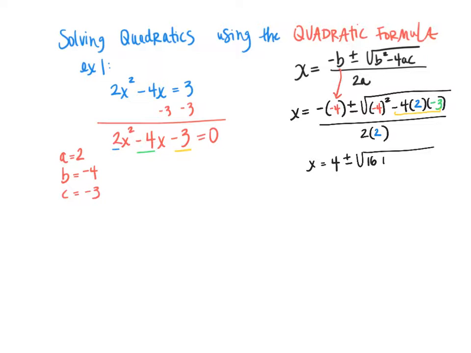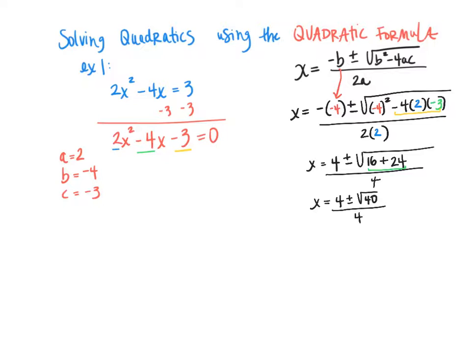That's going to give me a positive 24 all over 4. Now I just need to simplify. So I've got 4 plus or minus the square root of 40, and all I did was add 16 and 24 together, all over 4.